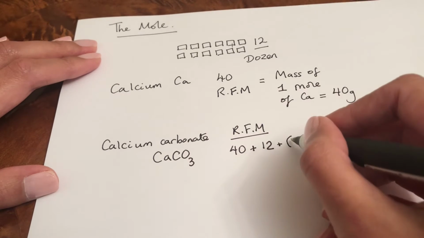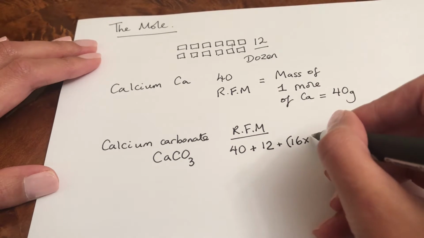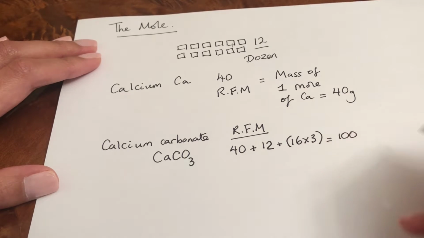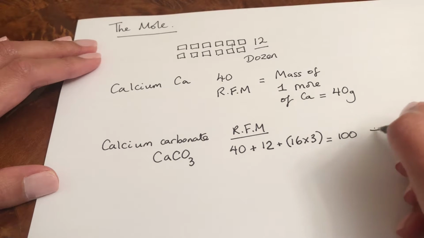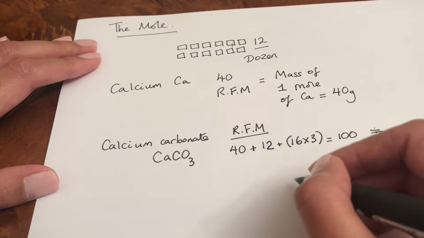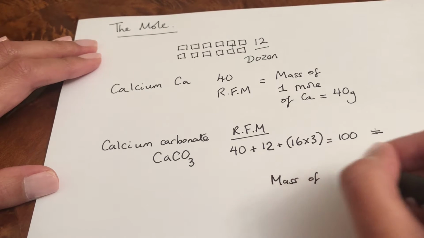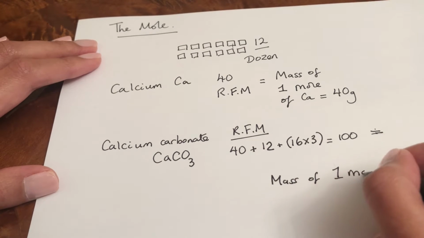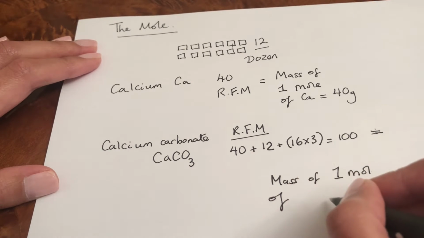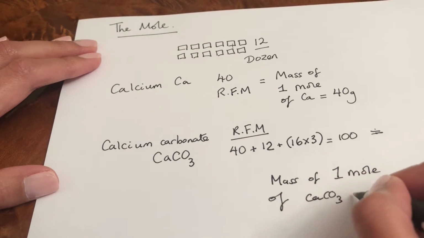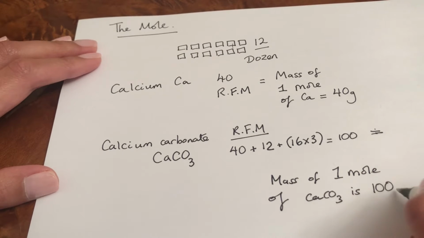You have 3 oxygens. Now oxygen is 16, you times it by 3, and the total value is 100. So this is also the same as saying the mass of 1 mole of calcium carbonate is 100 grams.